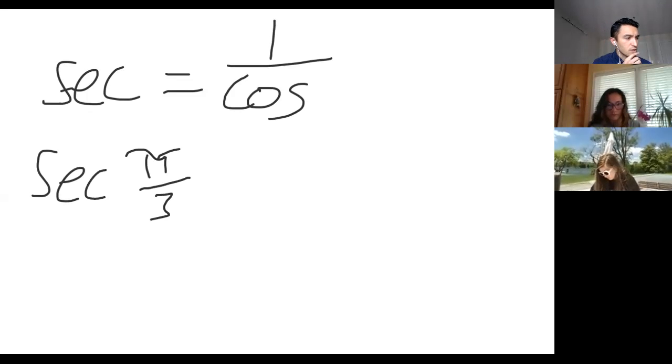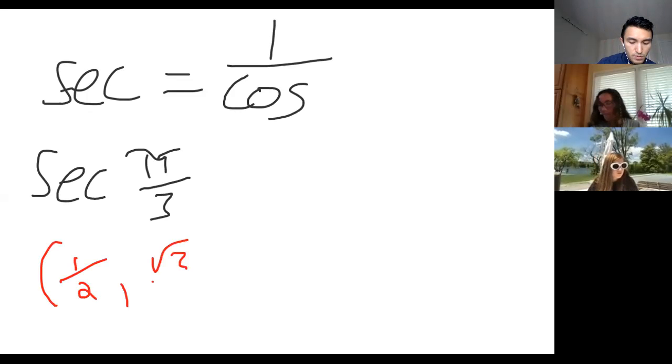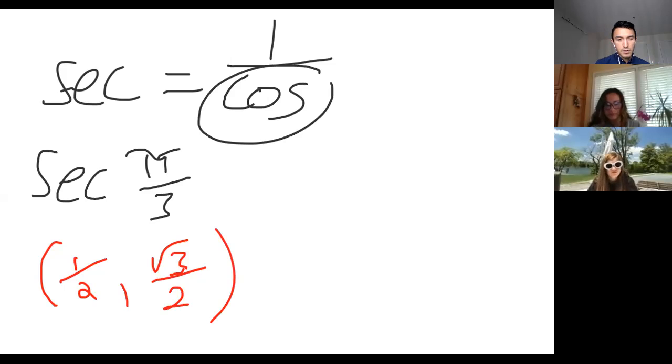So pi over 3 is the same as 60 degrees. But anyway, the unit circle already labels it as pi over 3, and that point, if we write it here, is 1/2, square root of 3/2. So to calculate secant, we need the cosine first, because it's 1 over the cosine.